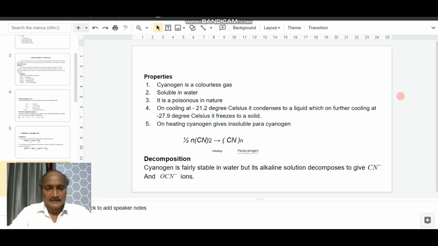Coming to the chemical properties, cyanogen is fairly stable in water, but its alkaline solution decomposes to give cyanide ion and oxycyanate ion.